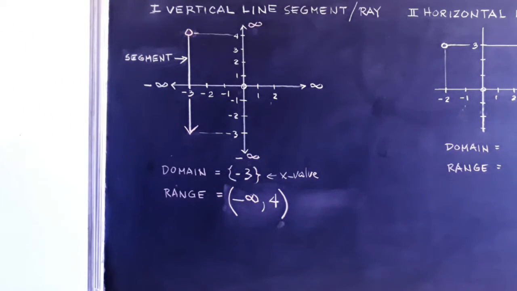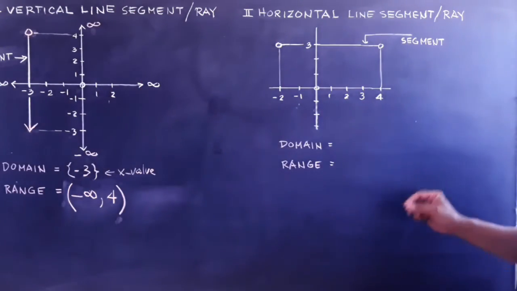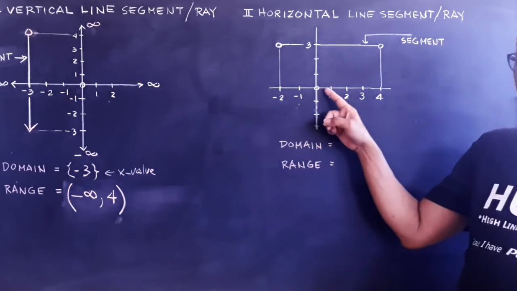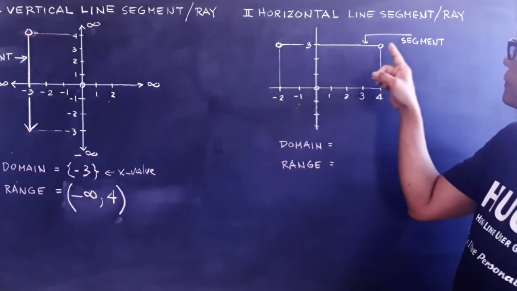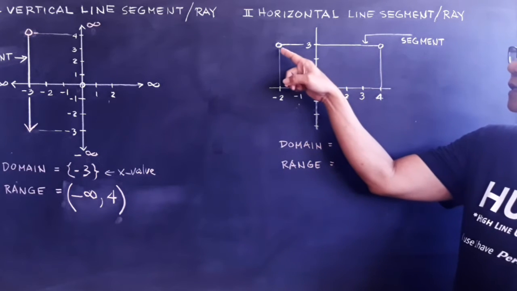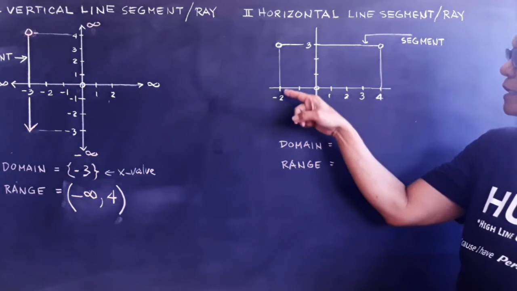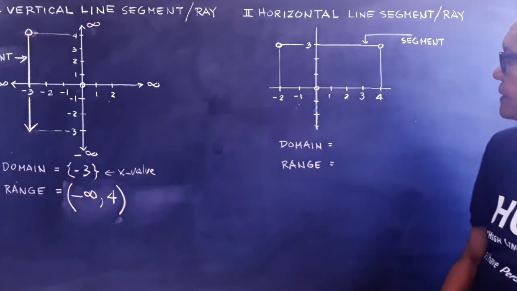Okay, let's have the horizontal line segment. This one is the origin, the y-axis, the x-axis, and then we have here our segment. The two ends here are not included because they are unshaded.